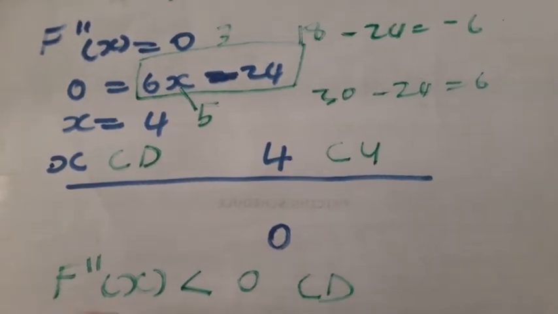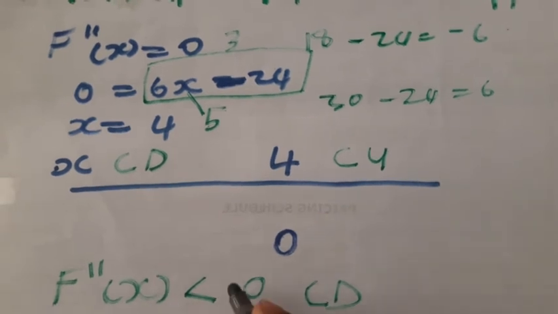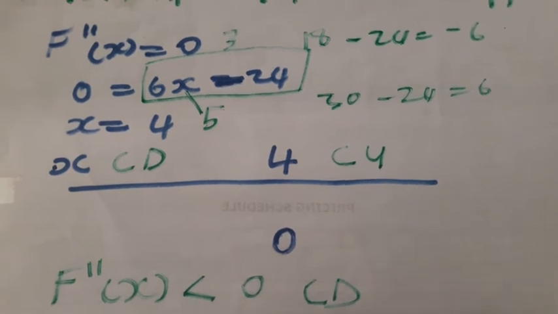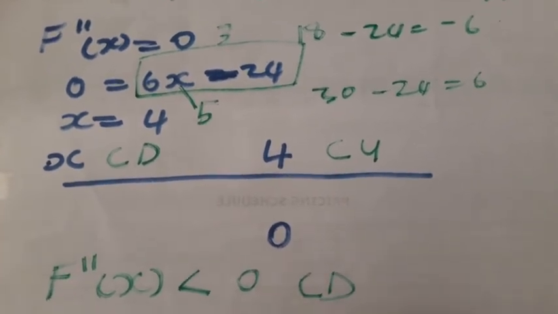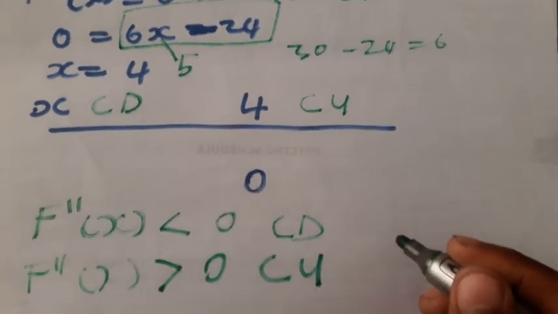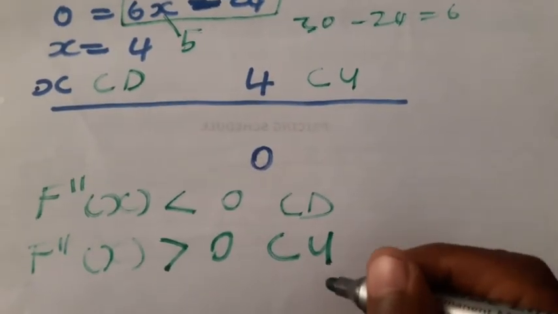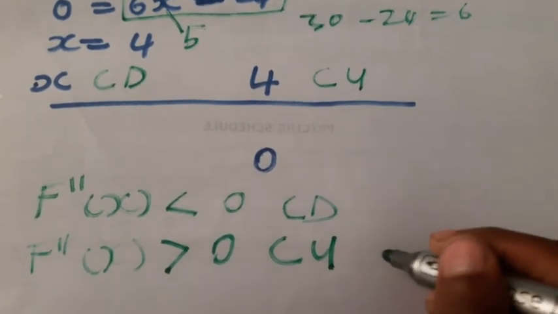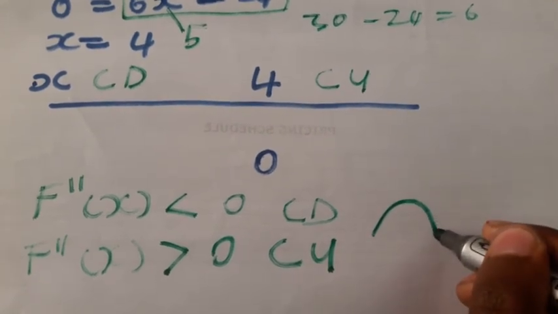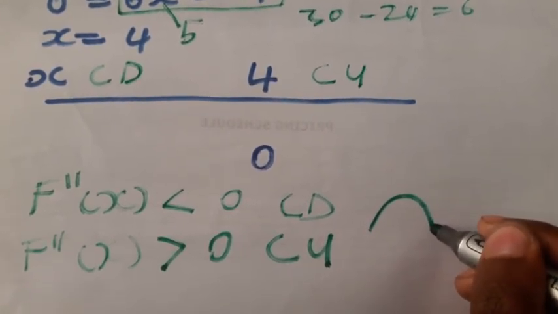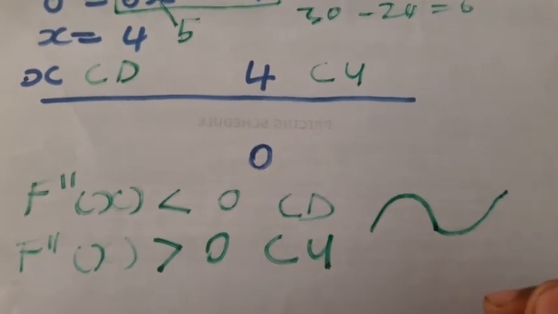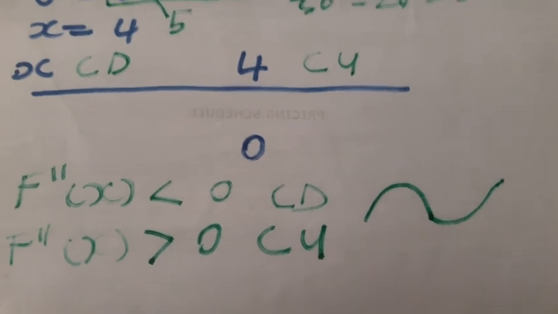And again, for the second derivative, any number which is greater than 4, the graph is concave up. So it was concave down, which is less than 0, and then concave up. So that's how our graph looks.